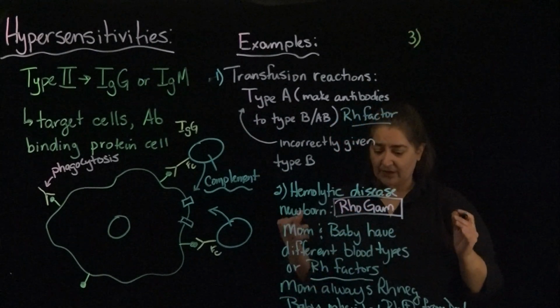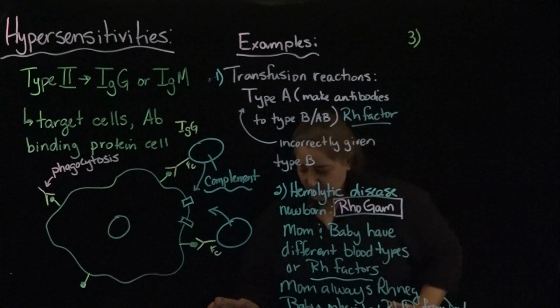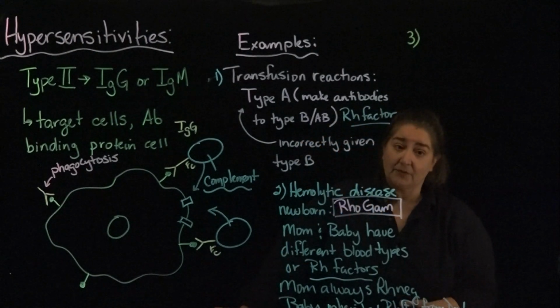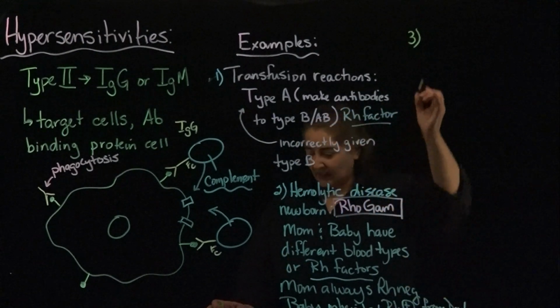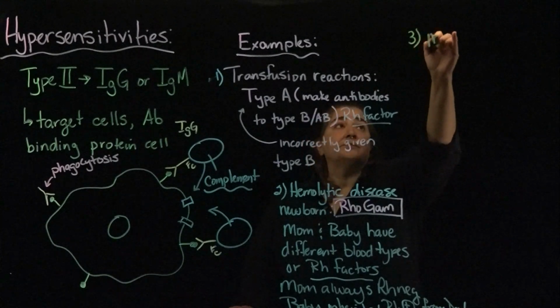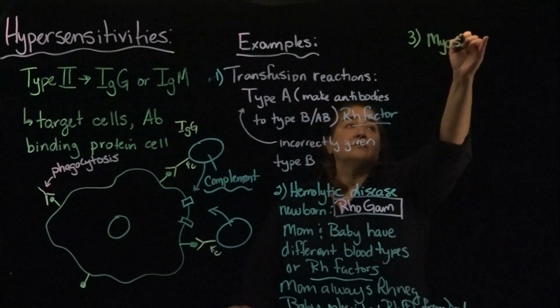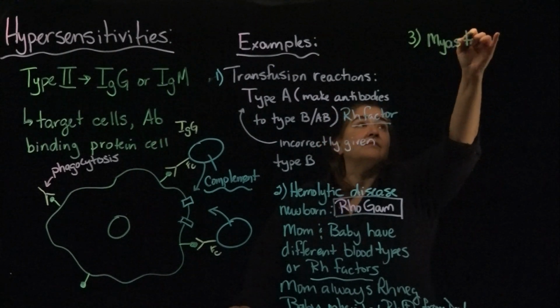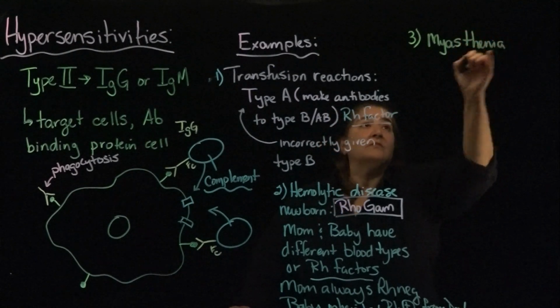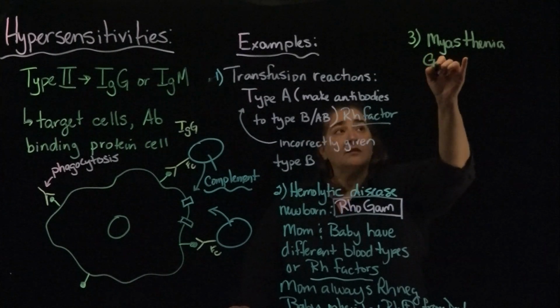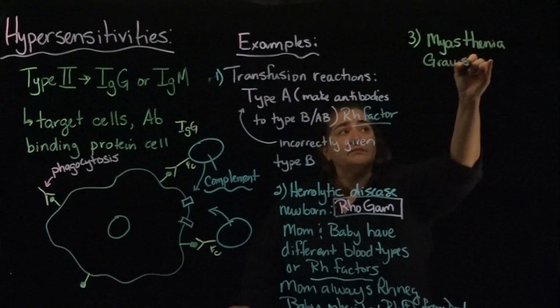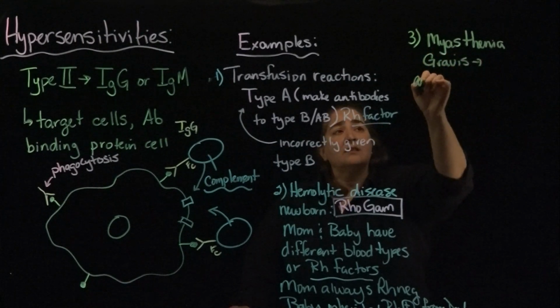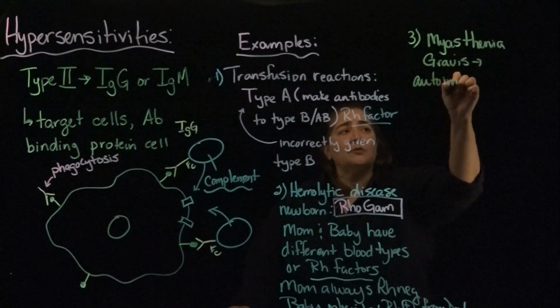Third example that I've got for you associated with a type 2 hypersensitivity is myasthenia gravis, okay? This is an autoimmune disease.